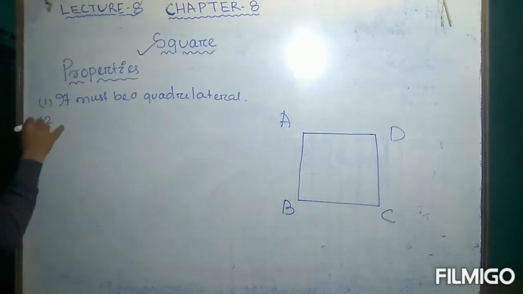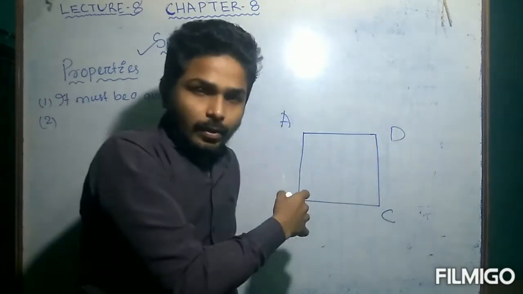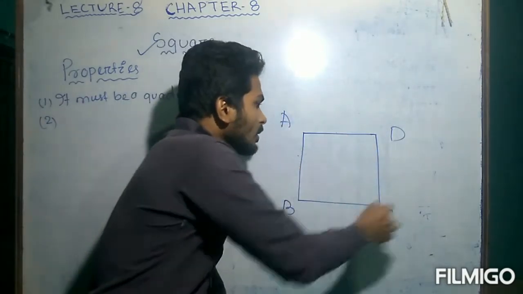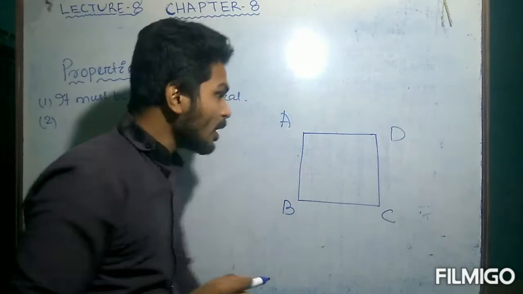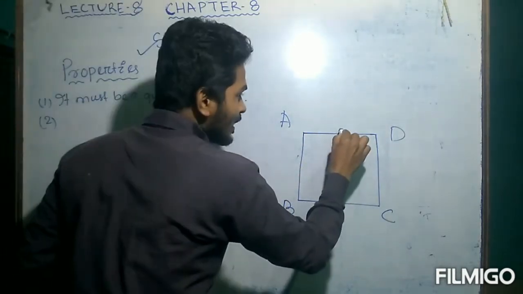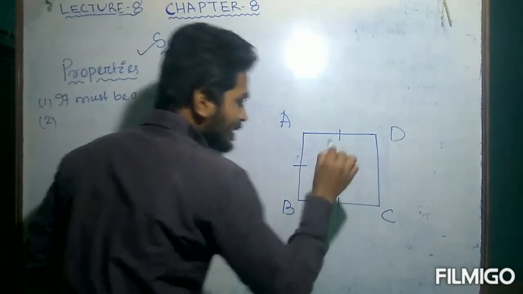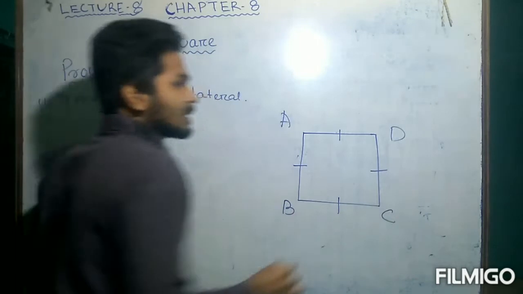Next property. The next property tells you that in case of a square, the lengths of all the sides are equal. That means the length of AD is equal to the length of AB is equal to the length of BC is equal to the length of DC.